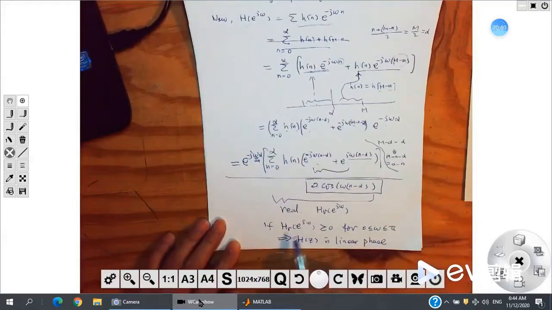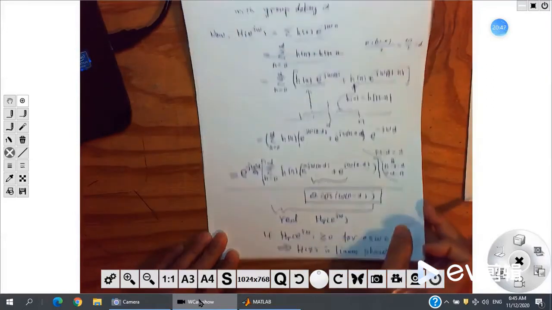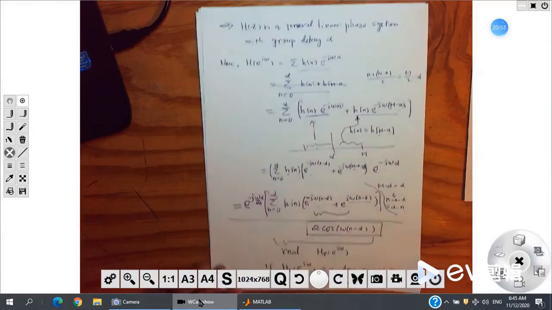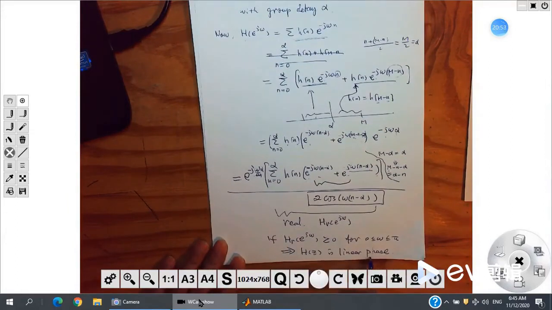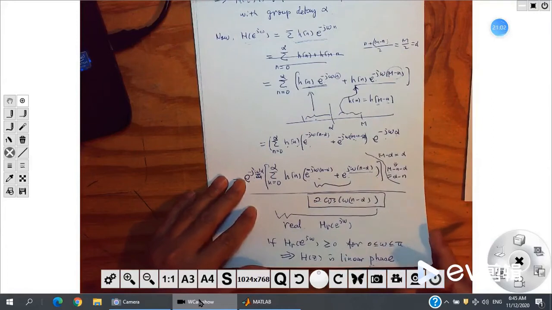If we do not have this, it is just the general linear phase. So this kind of system is always general linear phase. In some cases it is linear phase. You need to check whether this part is positive. All right. This is type 1.